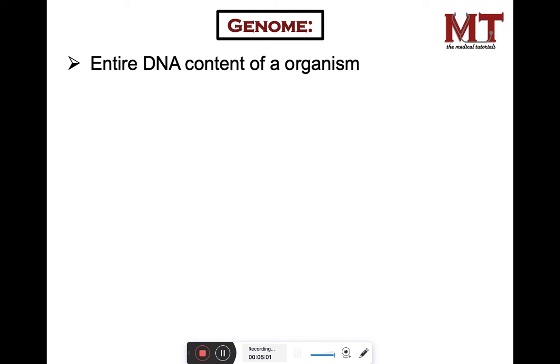Like your insulin and my insulin is same. Your growth hormone and my growth hormone is same. Means all the human beings have the same basic DNA. So we can say that genome is the entire DNA content of a cell or organism or a species. That is the definition of genome.